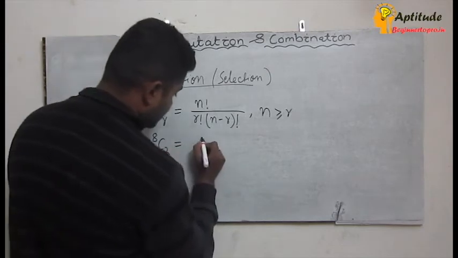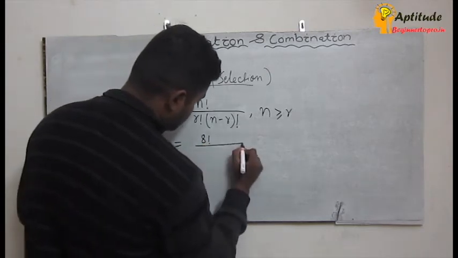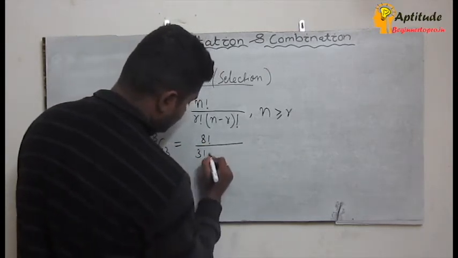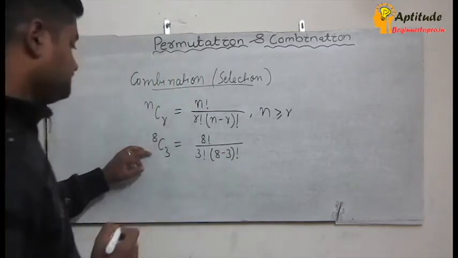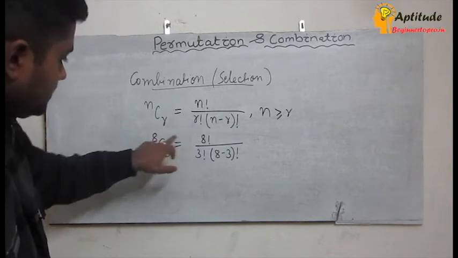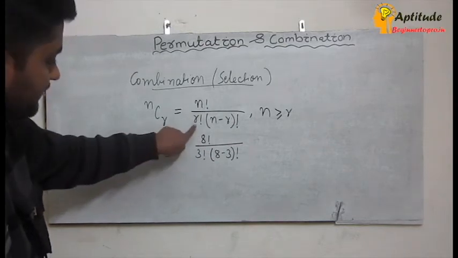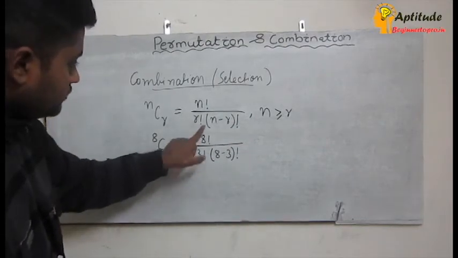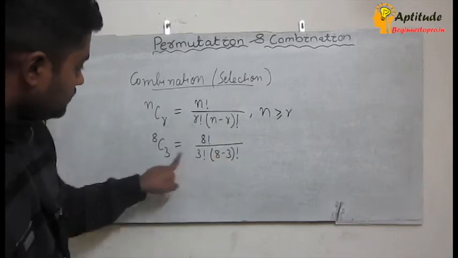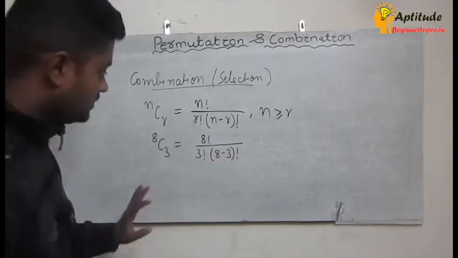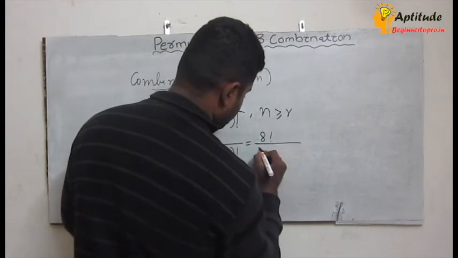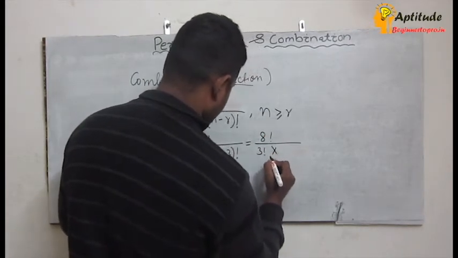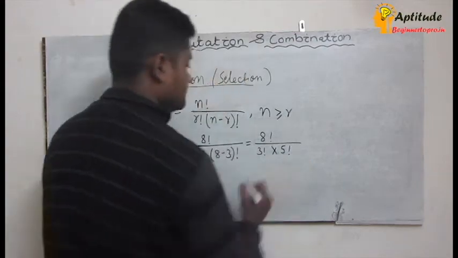So 8C3 can be written as 8 factorial divided by 3 factorial into (8 minus 3) factorial. Here n is 8, r is 3, and n minus r is 8 minus 3. So this is nothing but 8 factorial by 3 factorial into 5 factorial.